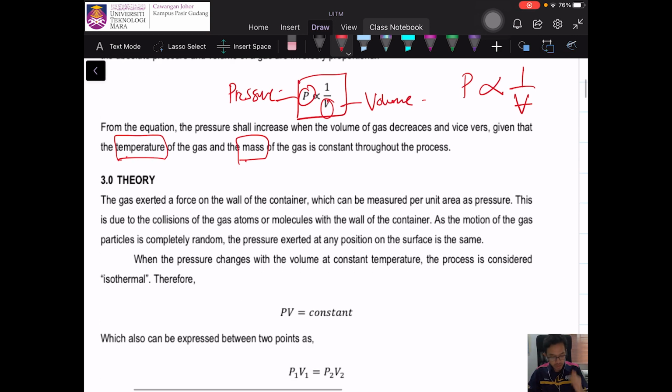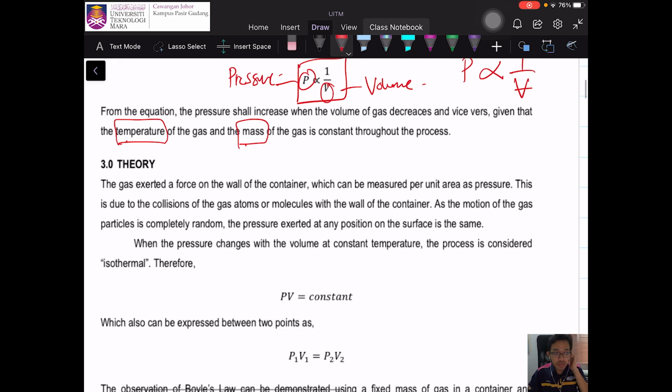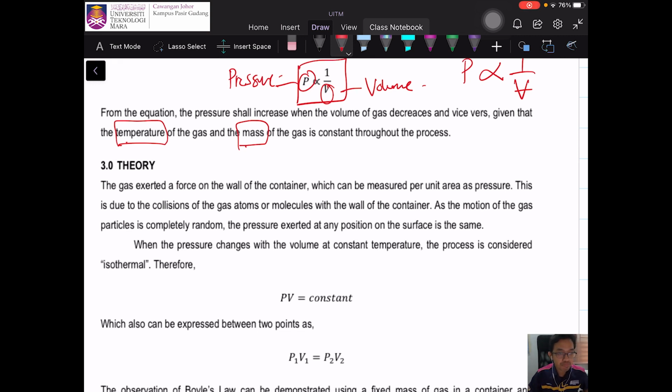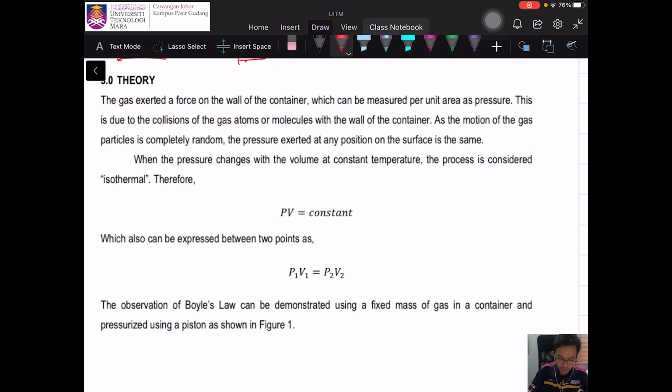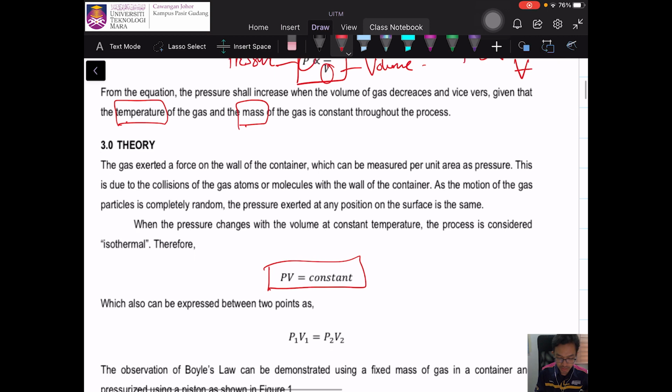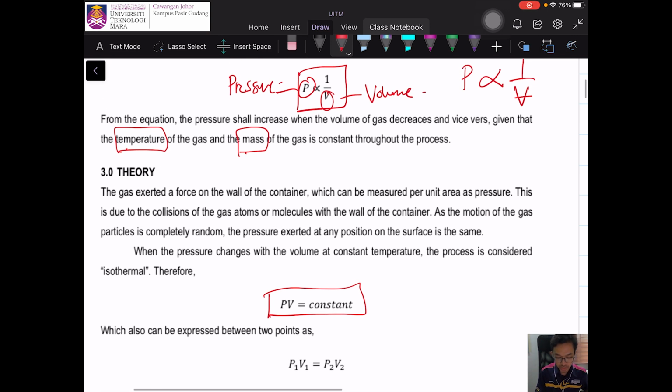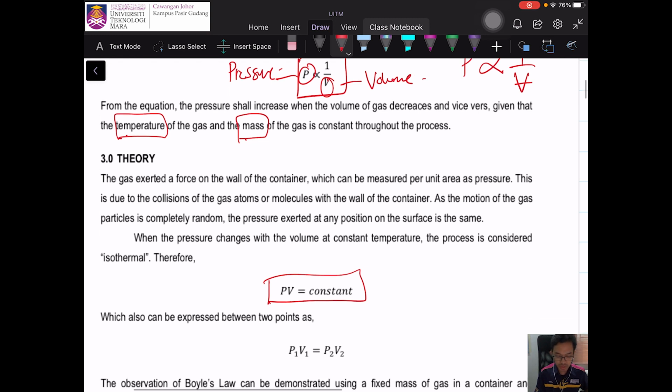Some students asked me where this equation comes from. Basically it comes from the experimental law, Boyle's law, which leads to the equation PV equal to constant, because during the experiment we get the relation that when pressure increases, volume goes down, and when pressure goes down, volume increases.